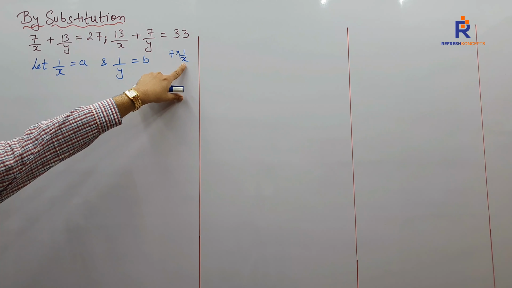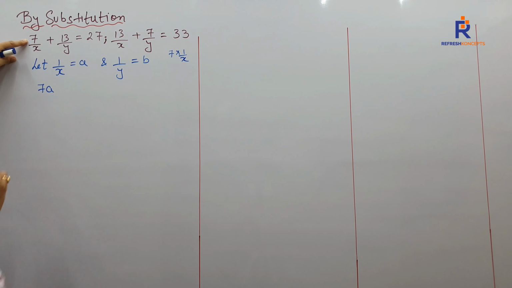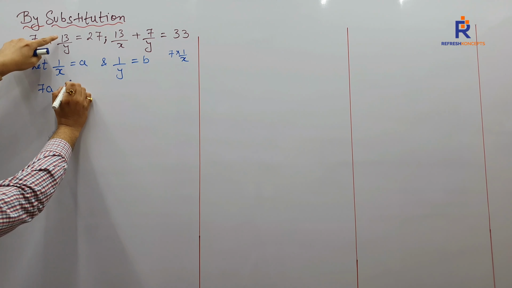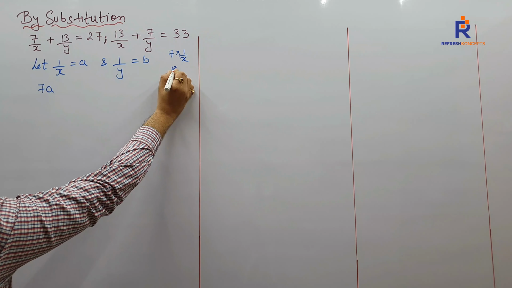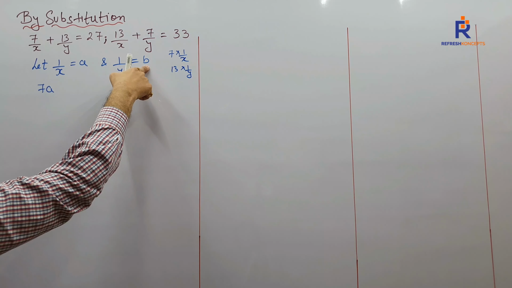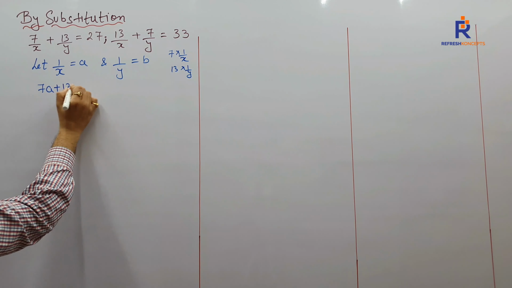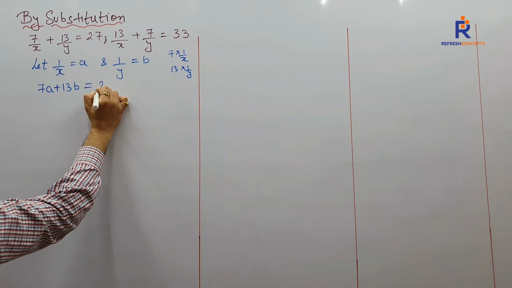So can I say this is 7a? Likewise, can I write 13 by y as 13 into 1 by y? 1 by y is nothing but b. So this becomes 13b. So plus 13b is equal to 27.